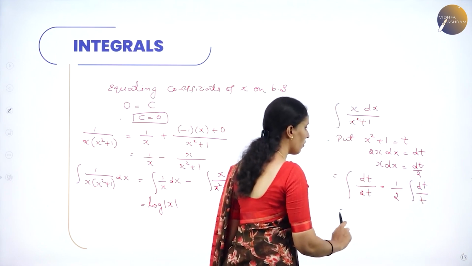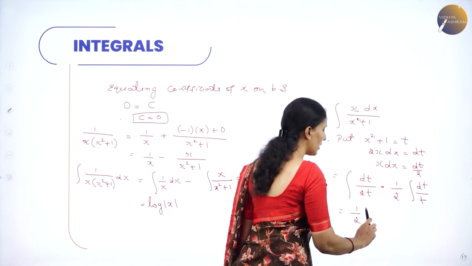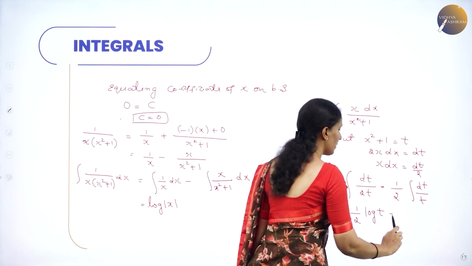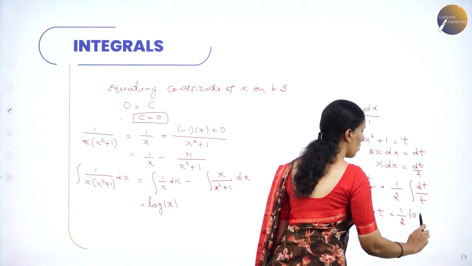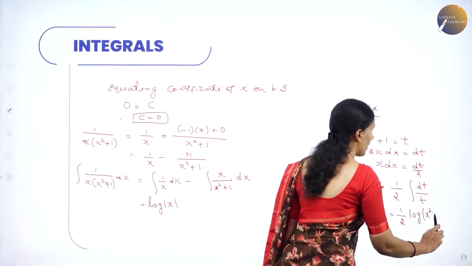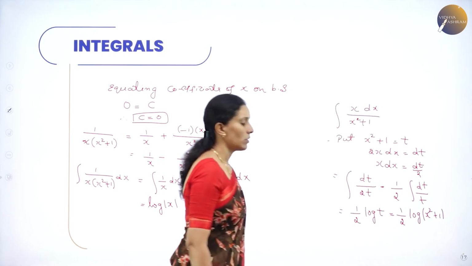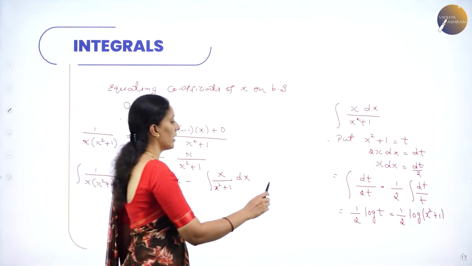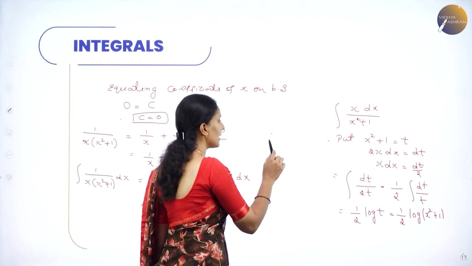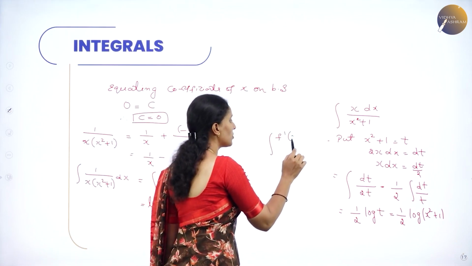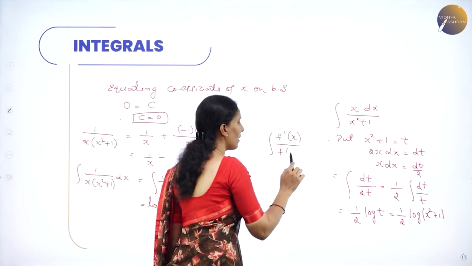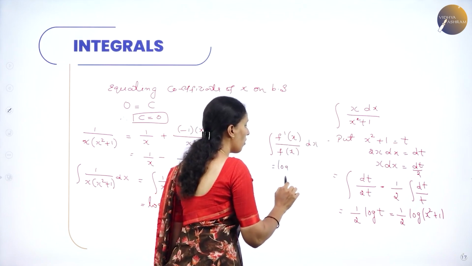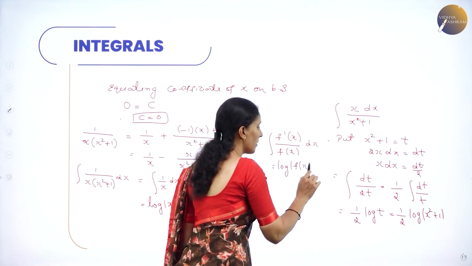What is the integral of 1 by t? It is log t. But what is t we have taken? t is x square plus 1, so we get half of log of x square plus 1. So this is the answer. Directly you can also use the integral formula, that is the integral of f dash of x divided by f of x dx can be written as log of f of x plus c.